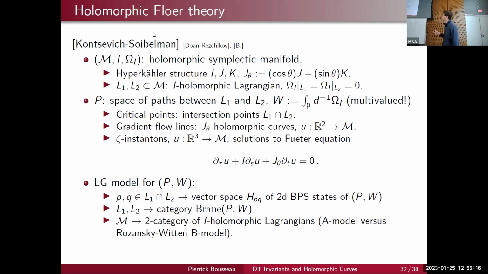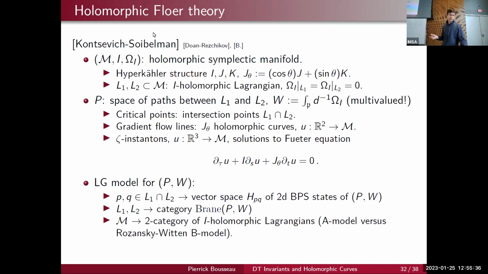And in this picture, if you believe in it, there should be some kind of extra structure, which has to do with counting holomorphic curves from the Gromov point of view, which is now one level up, counting maps from R3 to M, solutions of some Floer equation.